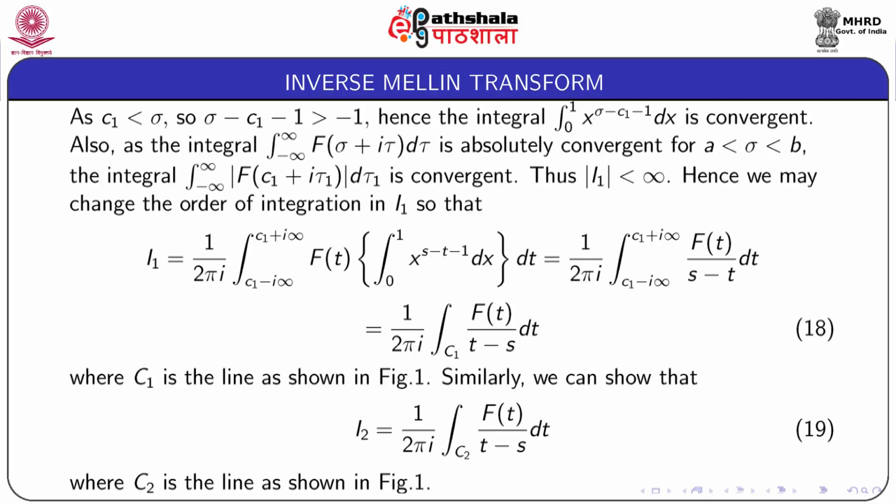is convergent. Also, as the integral from minus infinity to plus infinity capital F sigma plus i tau d tau is absolutely convergent for a less than sigma less than b, the integral from minus infinity to plus infinity mod of f c1 plus i tau 1 d tau 1 is convergent.